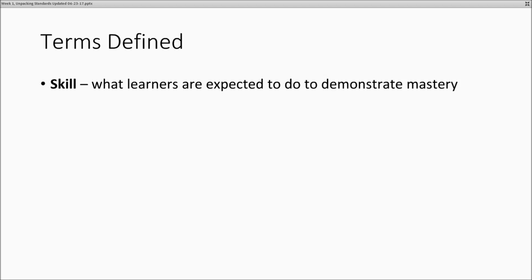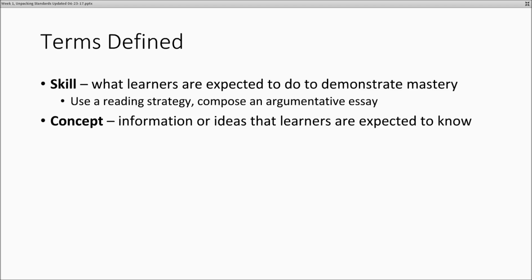What are skills? Well, skills are actions that learners are expected to do to demonstrate mastery. Examples include using a reading strategy, composing an argumentative essay. Skills. Second, concepts. Concepts are information or ideas that learners are expected to know.